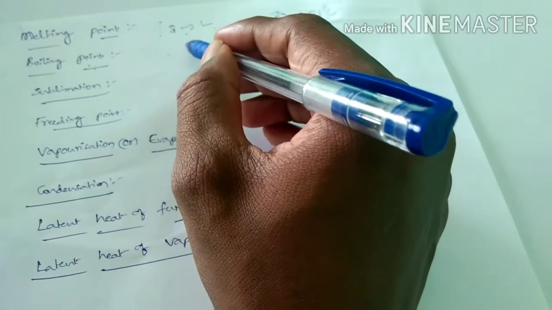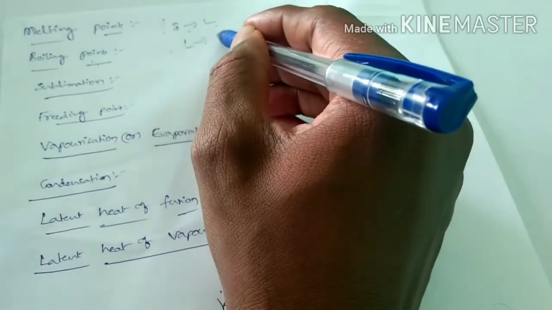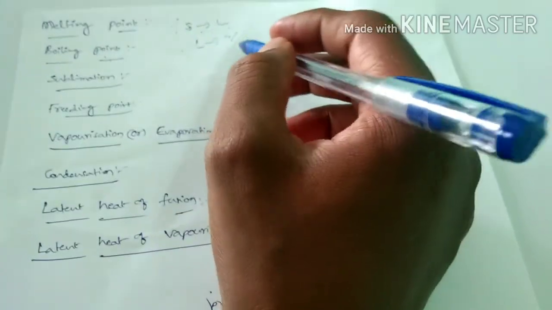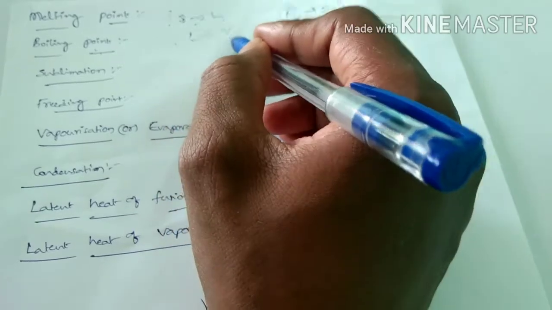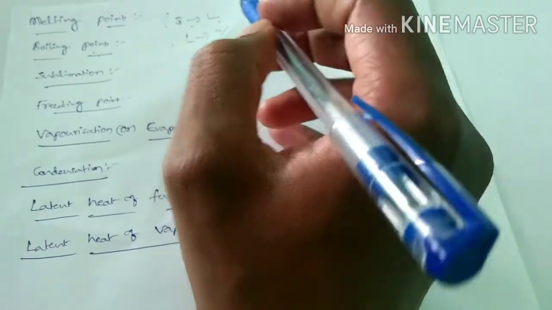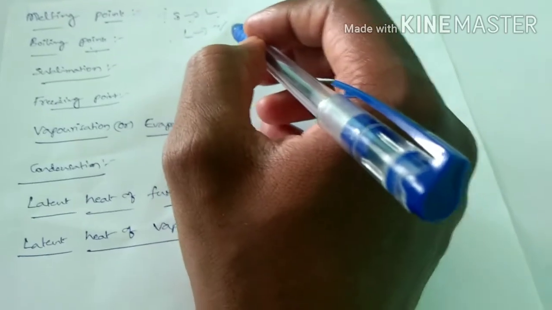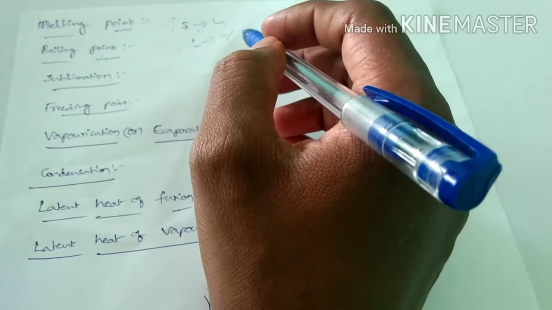Next, boiling point. Boiling point definition is what? The temperature at which liquid is converted into vapor. We should not say gas. The temperature at which liquid is converted into vapor is called boiling point. That temperature is called boiling temperature. For example, take water. Water is a liquid.